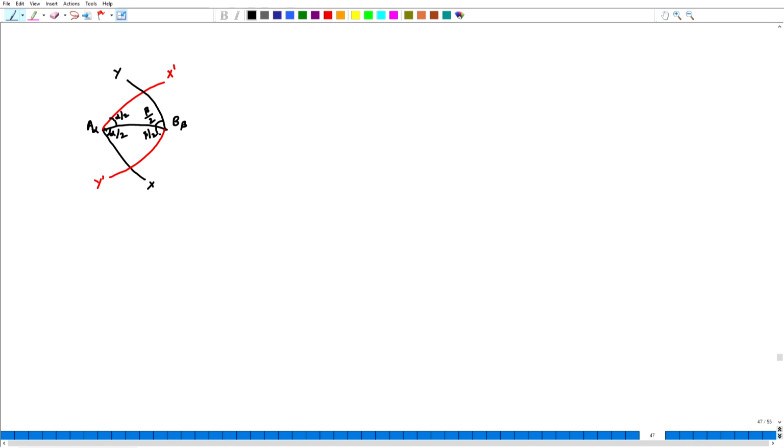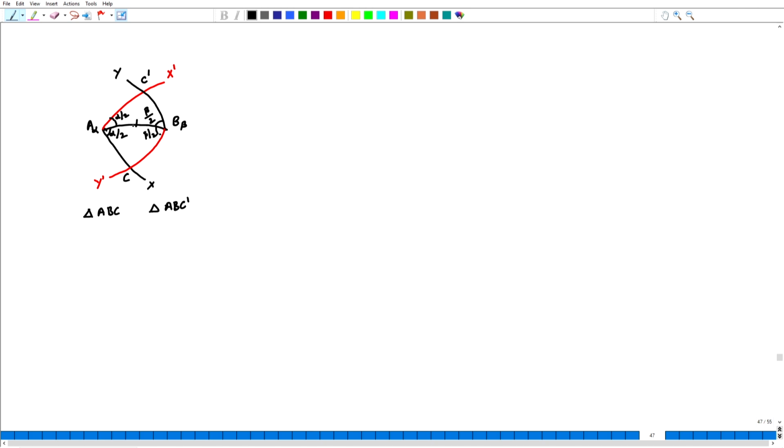And let us also denote the intersection of the great circle A x prime and B y, and the intersection between A x and B y prime, as C out here and C prime out here. Now, if I consider the spherical triangles ABC and ABC prime, what can we tell about these two triangles?